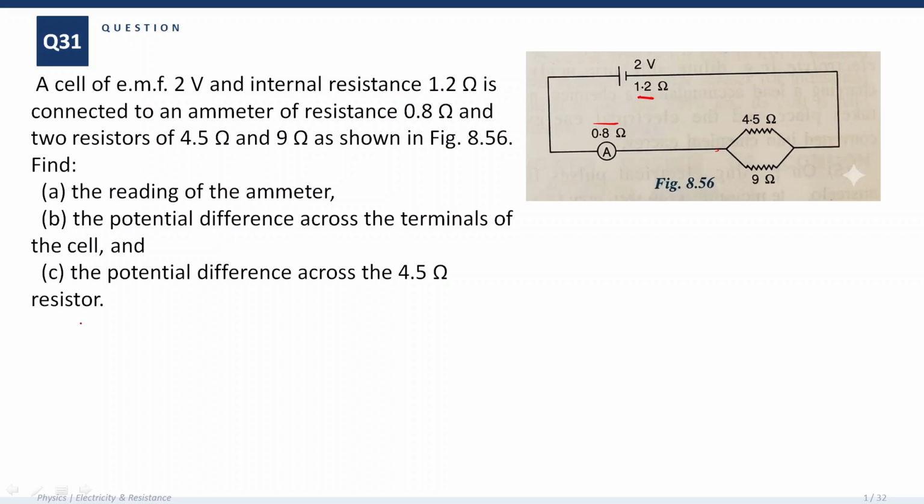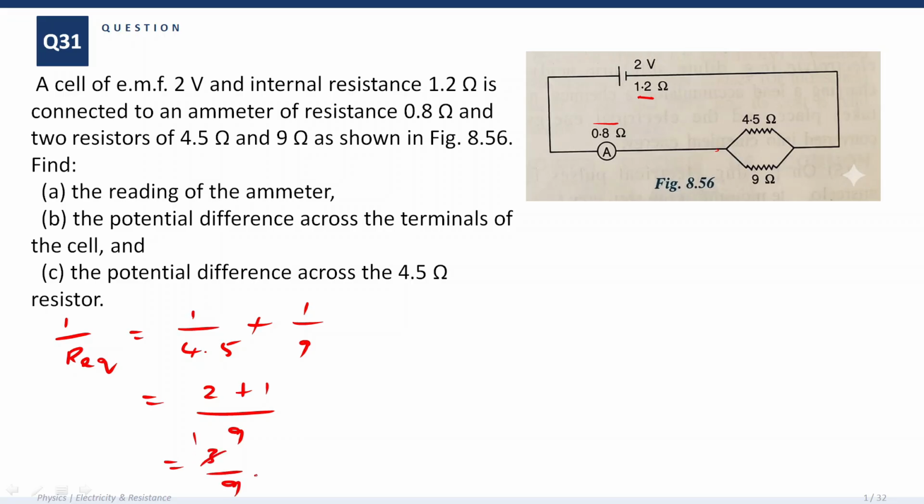I will first find the equivalent resistance: 1 by R equivalent equals 1 by 4.5 plus 1 by 9, that equals 2 by 9 plus 1 by 9, equal to 3 by 9, which is 1 by 3. Finally we have R equivalent equal to 3 ohms.